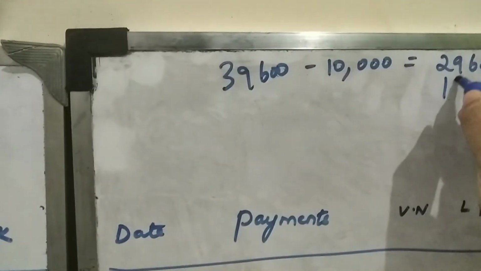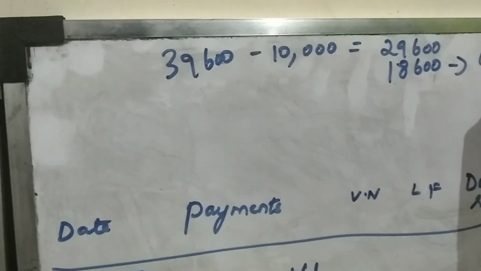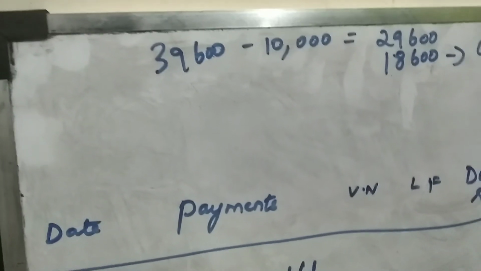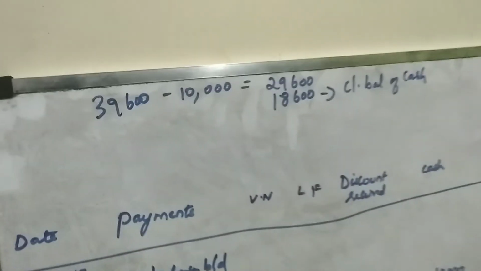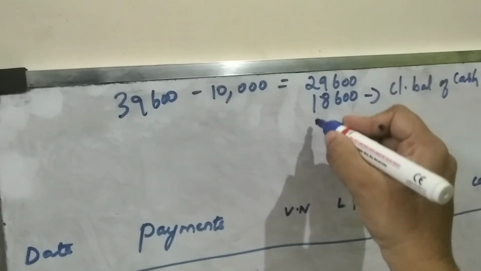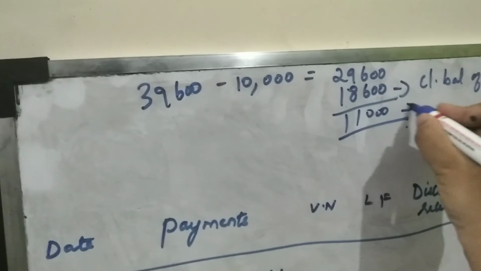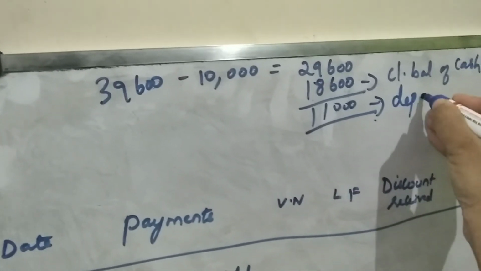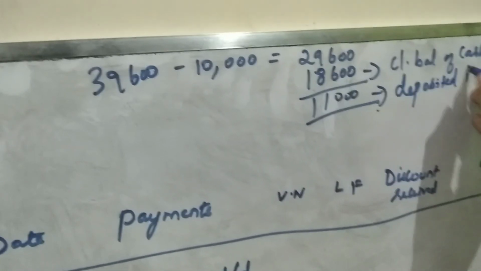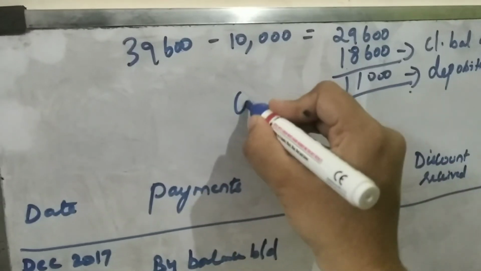So what did they say in the last transaction? Deposited into bank all cash excess of 18,600. So you are going to keep only 18,600 as your closing balance of cash. In the cash book, we are going to have only 18,600. The excess will be deposited into bank. So what is the excess? 11,000. This 11,000 will be deposited into bank. When you deposit cash into bank, you will have contra entry.